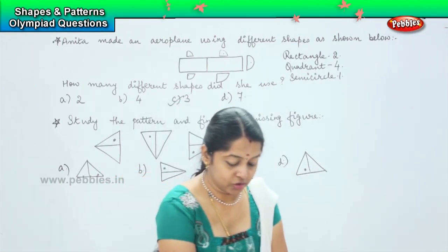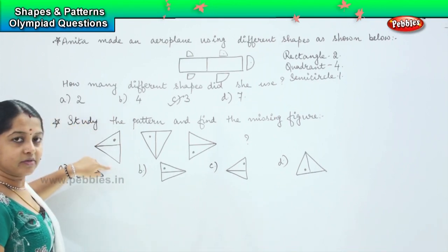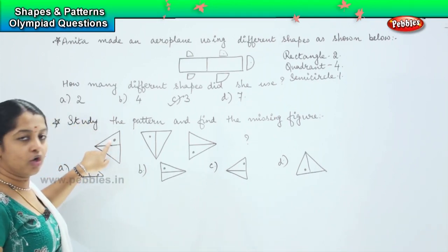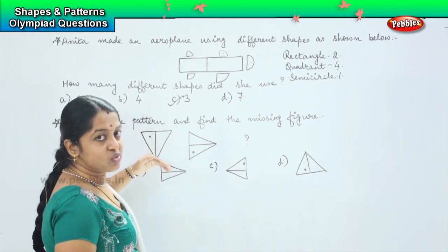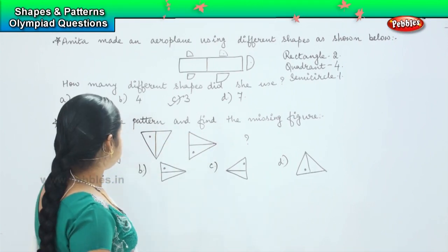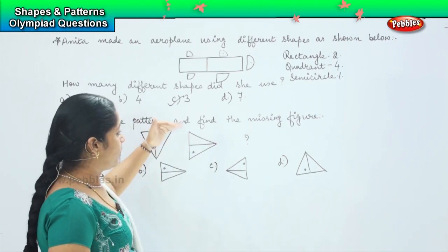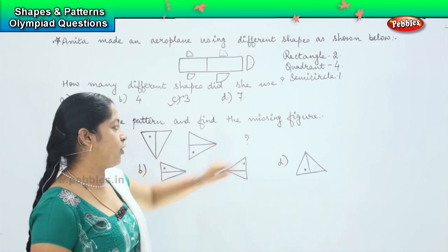Okay, so study the pattern here, children. The first one faces towards the left with a dot on the top. The next is the reverse triangle. Then again it faces towards the right. So which means left, bottom, right, and then it will be top.